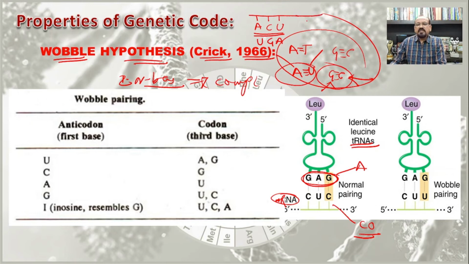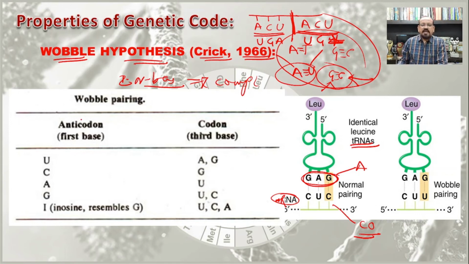But if the same sequence is read by another anticodon, then the anticodon will be UG, and here instead of the A, there will be another nitrogen base.